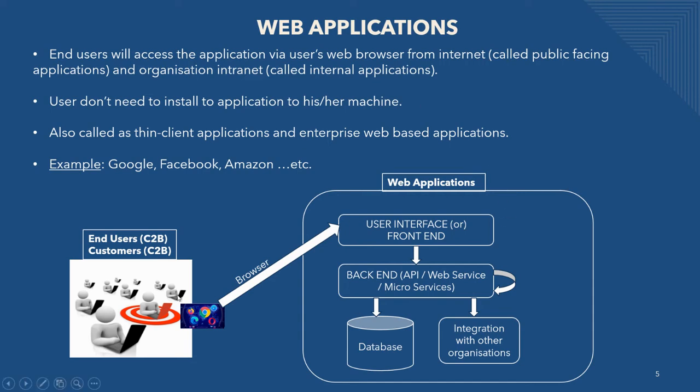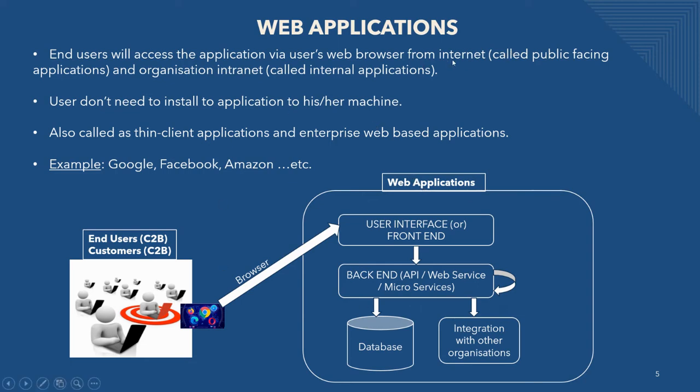As you see from here, the end users or customers access your web application through their web browser. They don't need to install anything. They just need to have an internet connection, or if they're accessing this web application from their organization network, it's internal facing. Say a web application, based on the project, needs to be accessible by everyone, including the public.